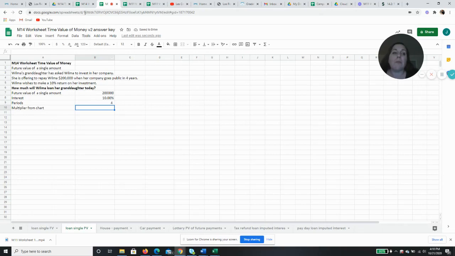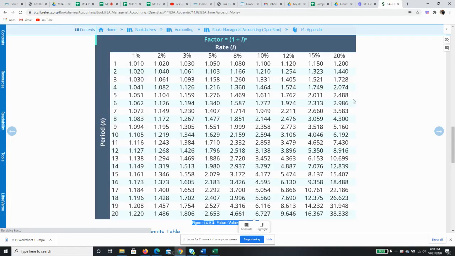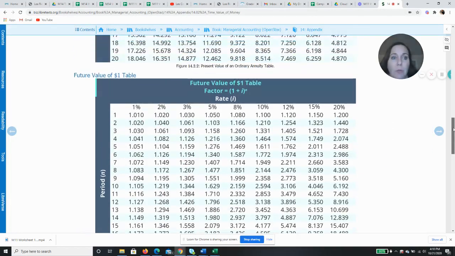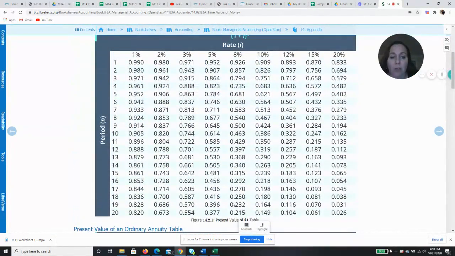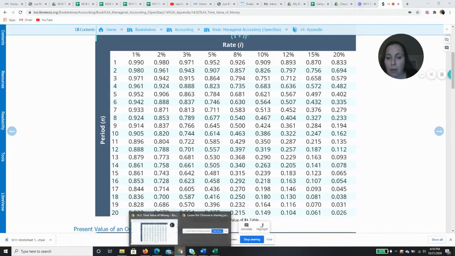If we use the multiplier from the chart, this time we're going to go to the present value of $1 because we want to get the present value. And she wants to make a 10% rate and the granddaughter's going to have the money for 4 years. So 4 years, 10%, our rate will be 0.683. So if we go back over here, oh wait, we're already here.